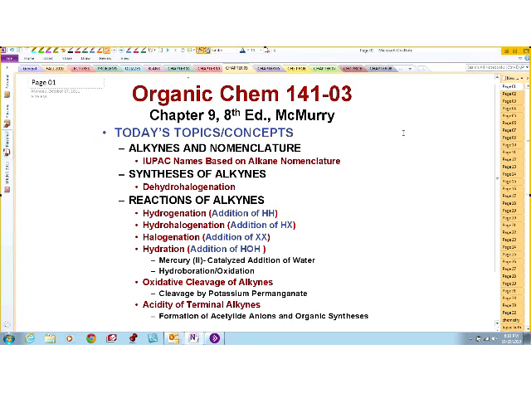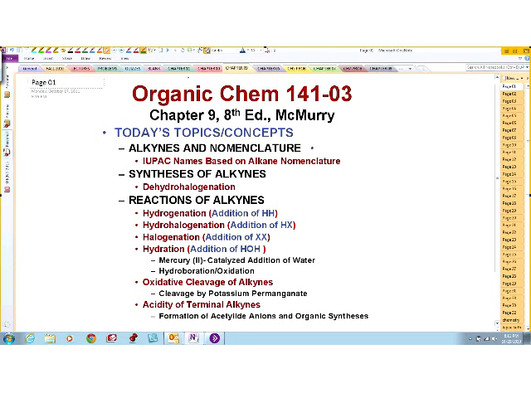In today's session, we are going to start our discussion on the chemistry of alkynes, which you will find in chapter 9 of your text. You will find that most of what we did in the chemistry of alkenes, we are going to use a lot of the same reagents.